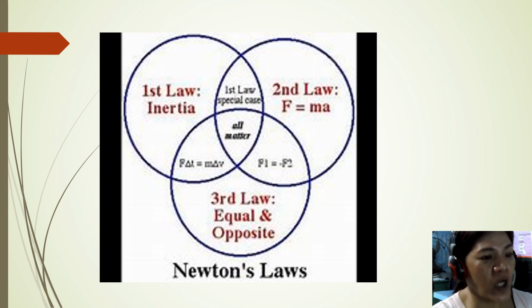So action, reaction forces: the forces are equal but in opposite directions. Class, I hope you can now simply describe and explain the difference among the three laws of motion.